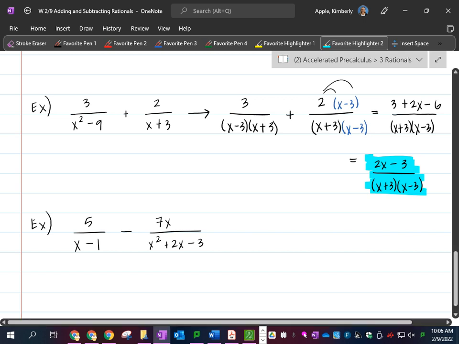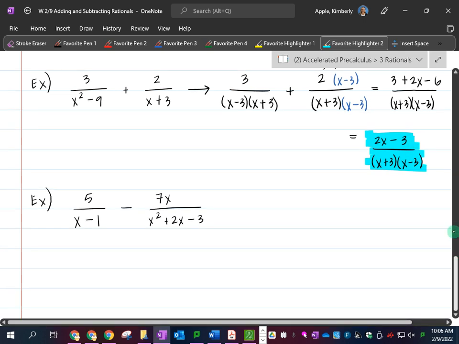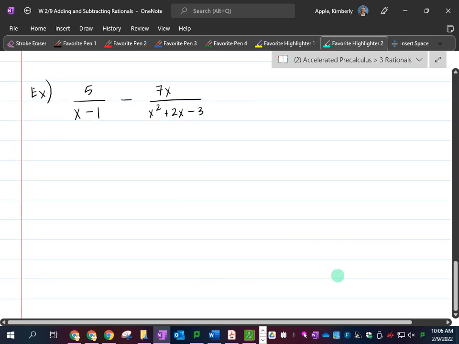Okay, this is not my last example, almost my last example. I cannot see anything common here yet, but I know I can probably factor this, so let's do that. I'm just drawing an arrow so you can see that I'm not actually doing anything.